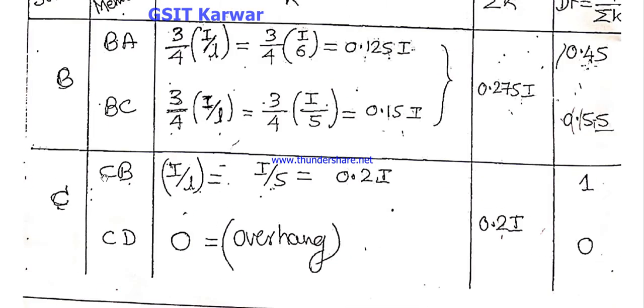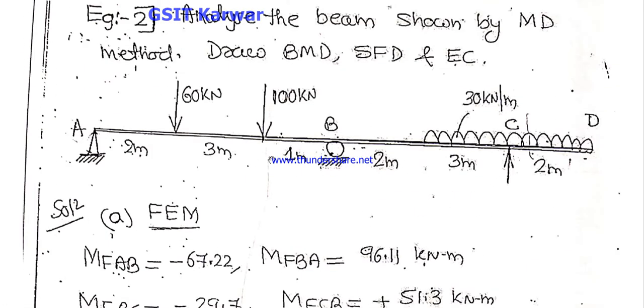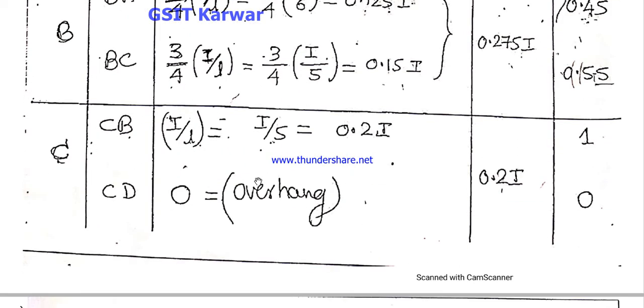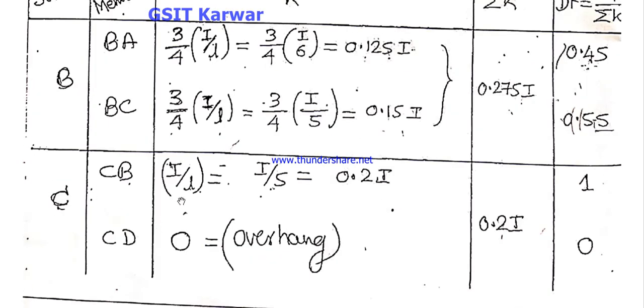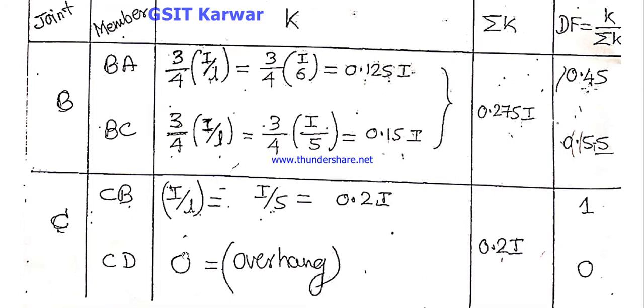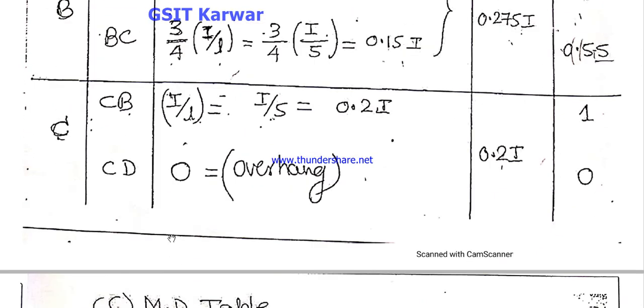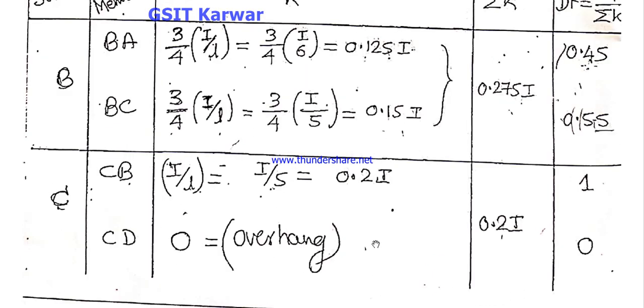Here you can observe member CB and CD. After member CB, the continuous beam is there, so that is the reason you take K as I by L. And for span CD, or member CD, it is overhanging, so that value is 0. Don't take the K factor here.